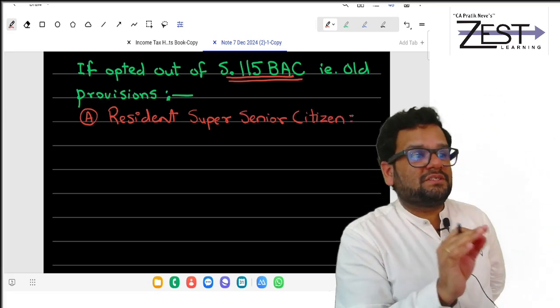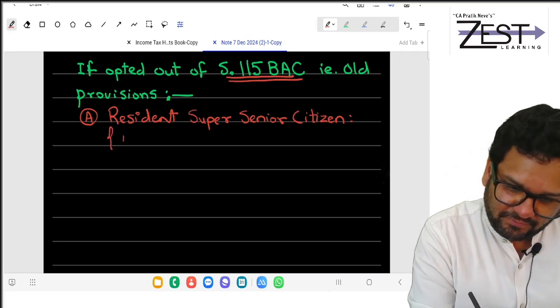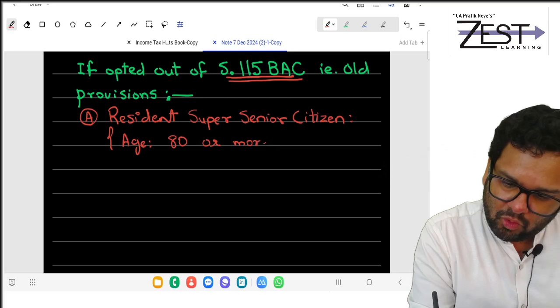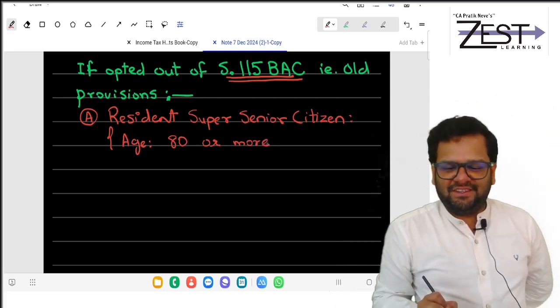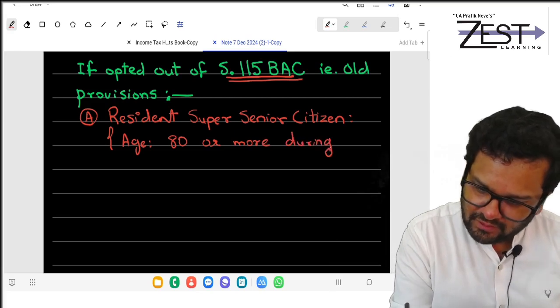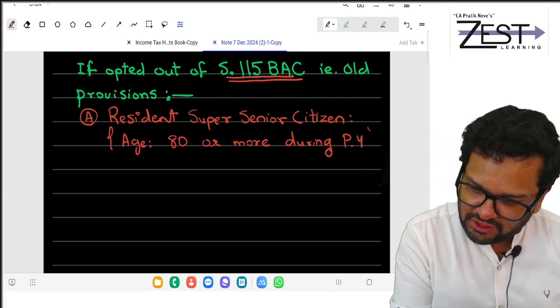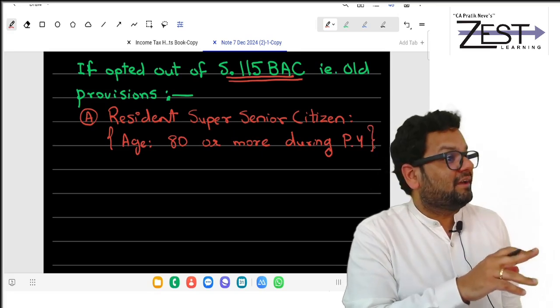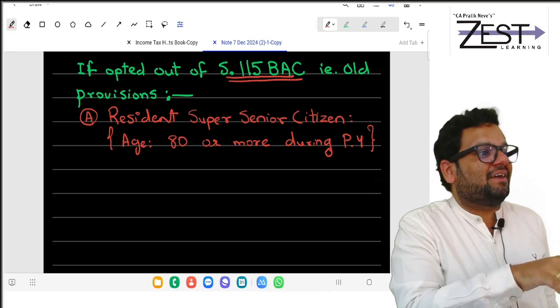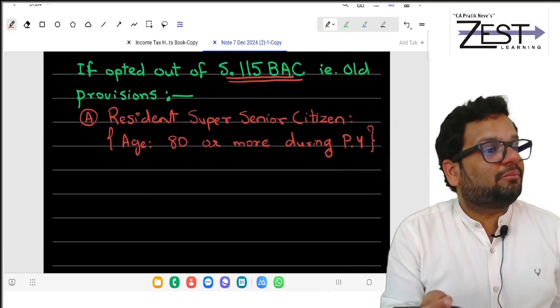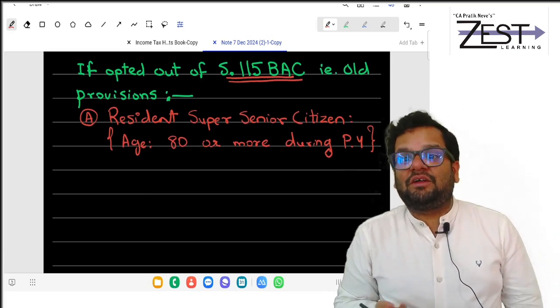Resident super senior citizen means age of that assessee is 80 or more. During this age should be checked when? In PY or AY? PY. Age should be checked in PY. Okay, please, that is very important. Age should be checked in PY, not AY.